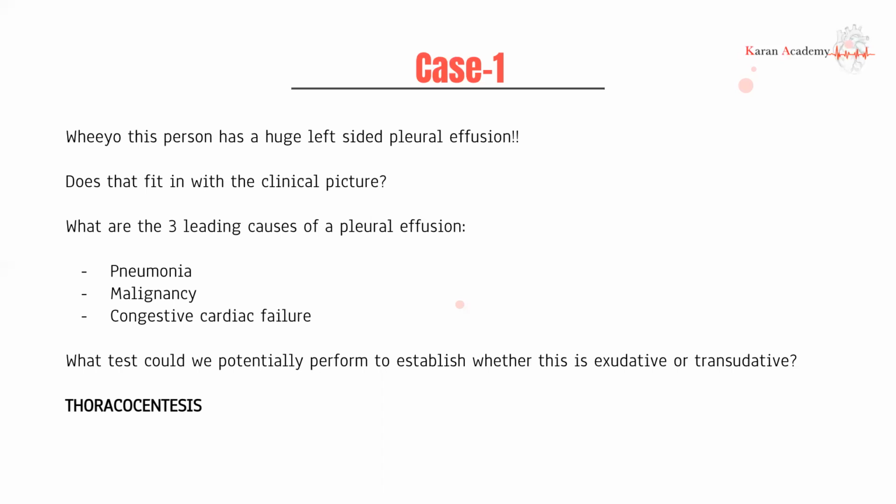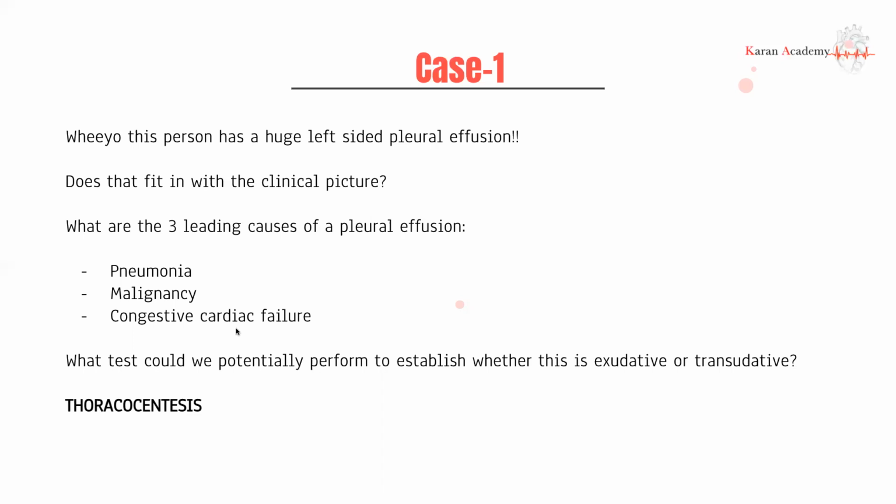And there's no right or wrong answer here. It could very well be a pneumonia. It could very well be CCF, and I can make a convincing case for either. But at this point, malignancy is something I want to rule out, especially because the pleural effusion was unilateral, and that fits in with an exudative picture, and malignancy would present as an exudative pleural effusion.